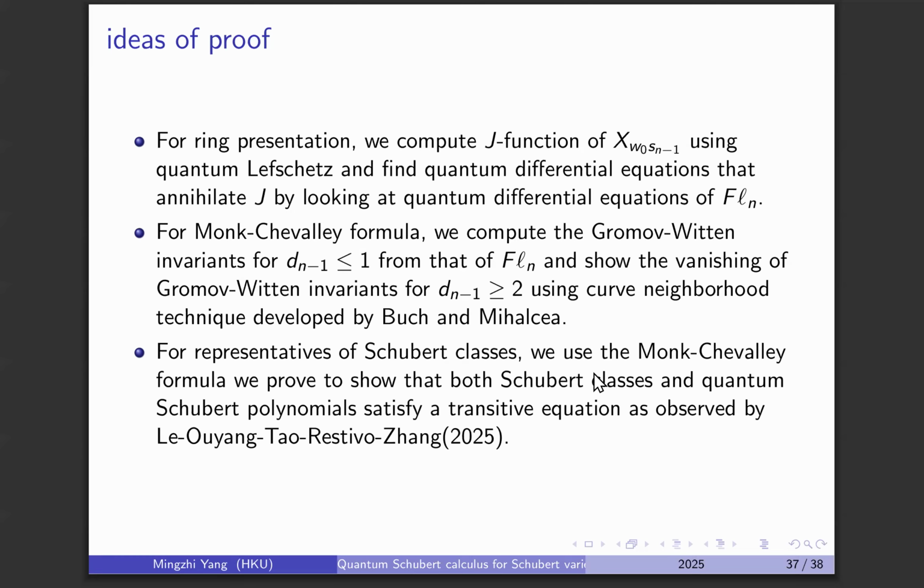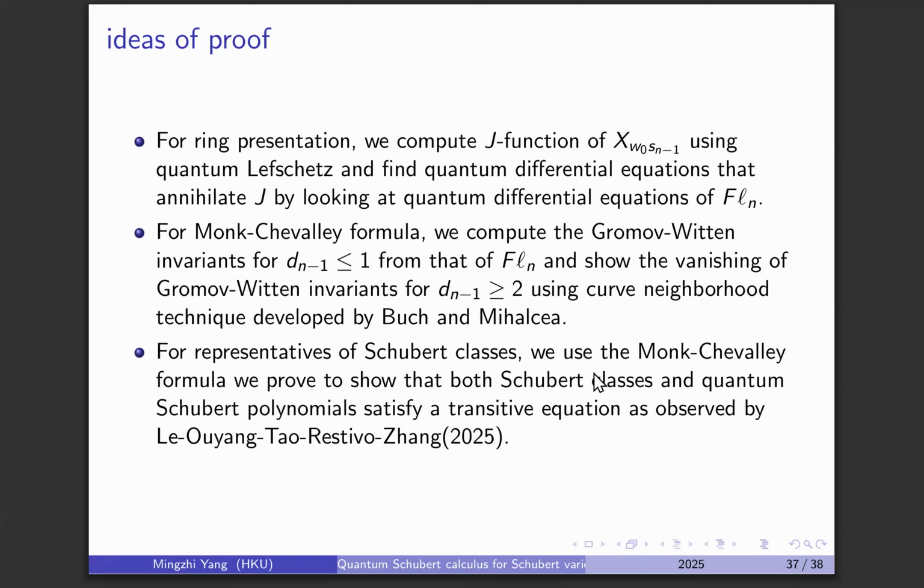After we find the J function, you can find the quantum differential operators which are satisfied by the J function. And since the ring presentation is very similar, we also look at the quantum differential operators of the full flag variety and find the quantum differential operators that are satisfied by the J function. And this gives you the ring presentation.